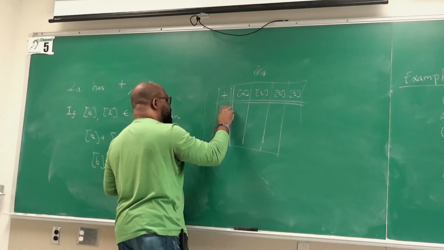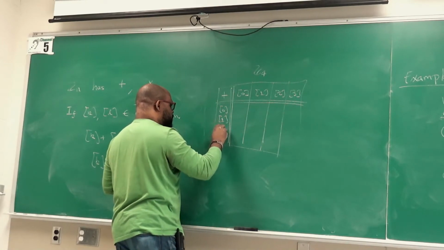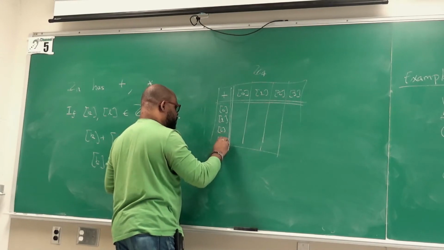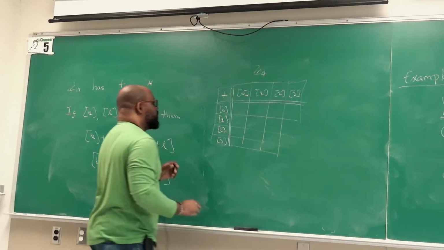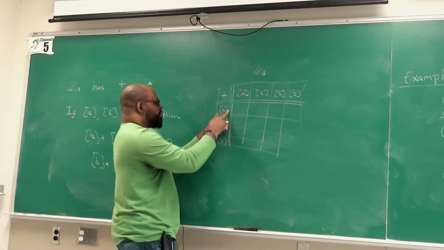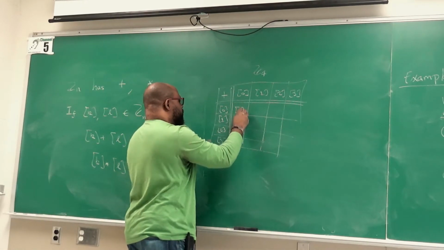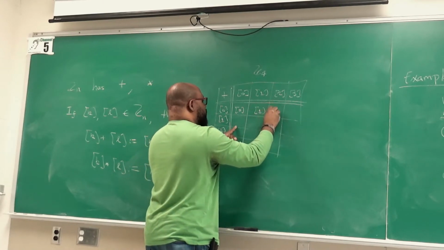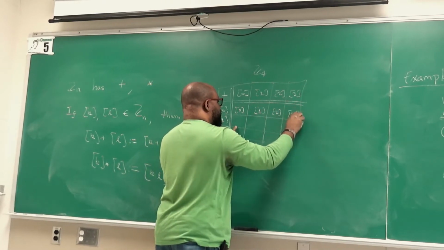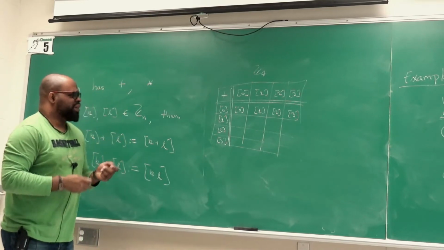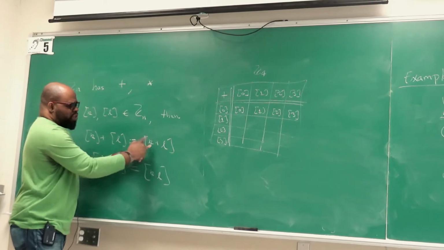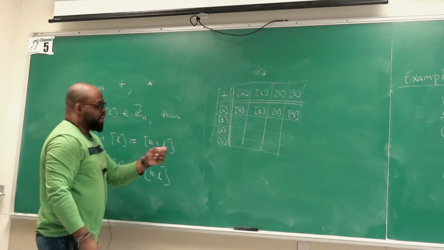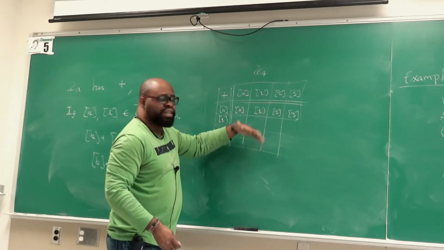And here again, class of 0, 1, 2, and 3. Okay, so 0 plus 0 is 0, 1, 2, and 3. And you will notice that since the addition of integers is commutative, then the same will happen here. So this matrix is going to be a symmetric matrix.